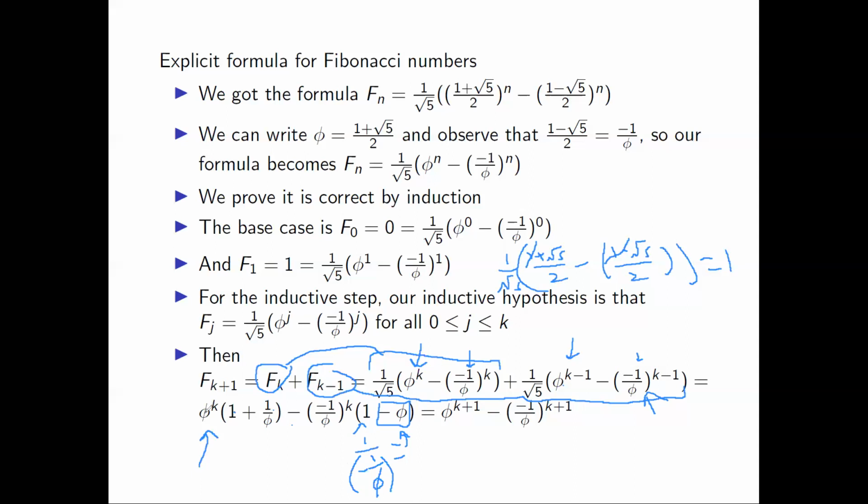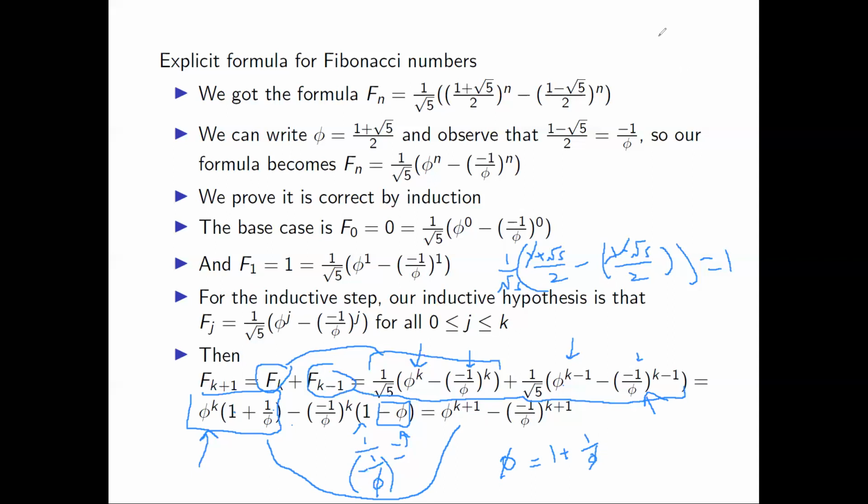So the phi to the k times 1 plus 1 over phi right here, I claim that that gives us a phi to the k plus 1. Now, why is that true? Well, the claim is that phi equals 1 plus 1 over phi. Why do we know that's true?